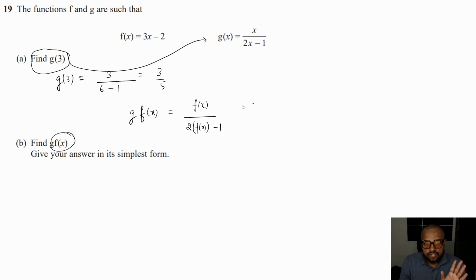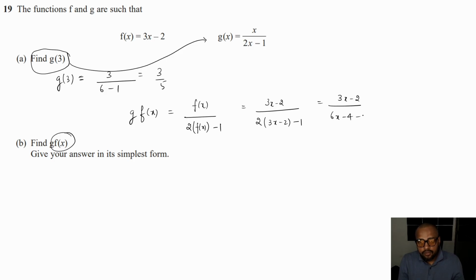In g(x), f(x) will be placed in the value of x. So f(x) is 3x minus 2, upon 2 times (3x minus 2) minus 1. So it will be equal to (3x minus 2) upon 6x minus 4 minus 1, which is equal to (3x minus 2) upon (6x minus 5). Okay, so this is the solution for this question, students.